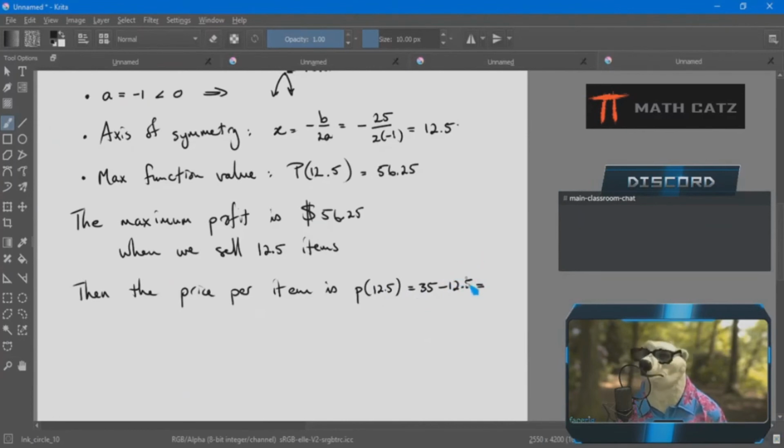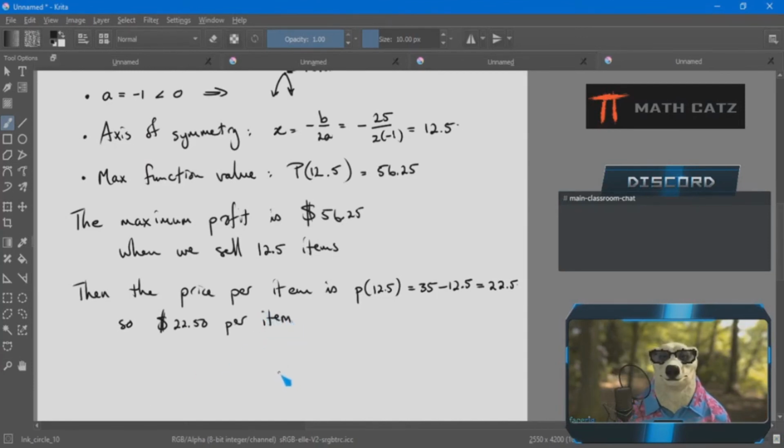It's just a calculation that comes from somewhere we're not seeing. So what do we get here? 22.5. In other words, $22.50 per item. Oops, that's an ugly M.